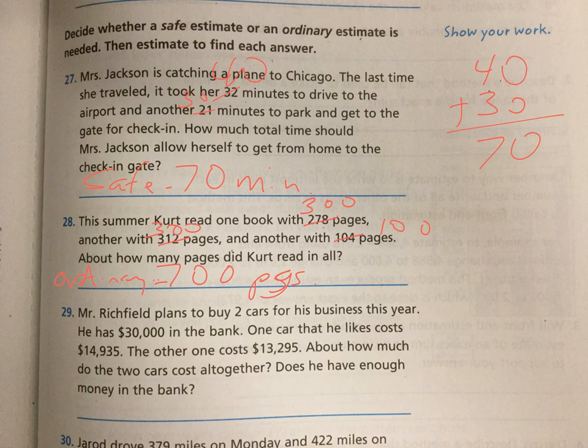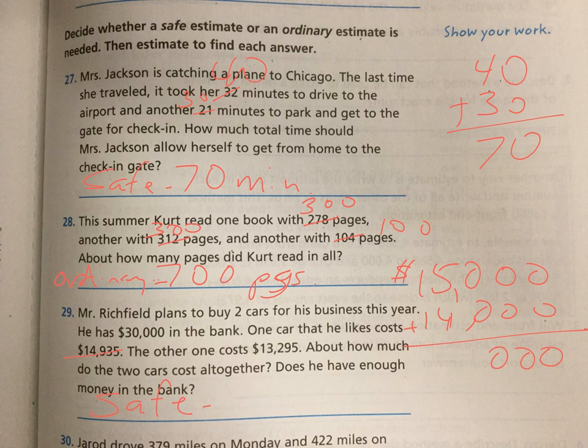This one we would do safe rounding, making sure we have enough money in the bank. $14,935 would round to $15,000. And $13,295 would round to $14,000. By rounding safely, we were able to tell easily if we have plenty of money or not.